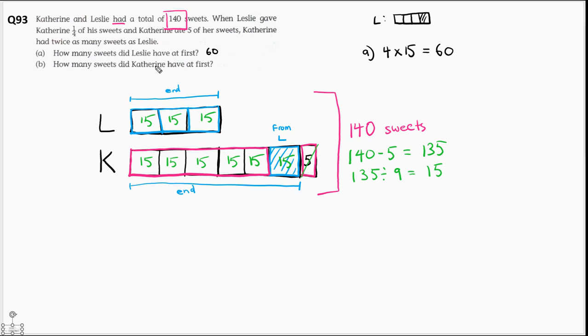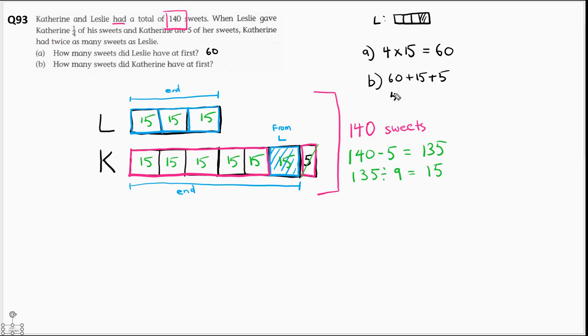And how many sweets did Catherine have at first? Well, at first she had 1, 2, 3, 4, 5 parts plus this 5. So if we know that 4 parts are 60, we could add another 15 would be 75 plus another 5 is 80. So for the B, again, we could just do the 60 plus 15 plus 5, or we've also got 1, 2, 3, 4, 5.